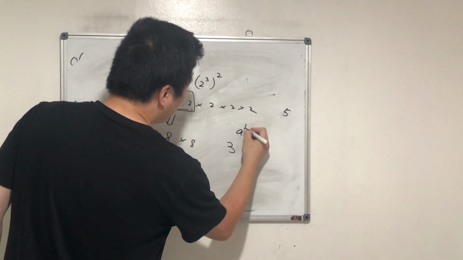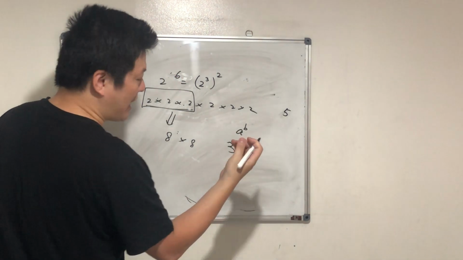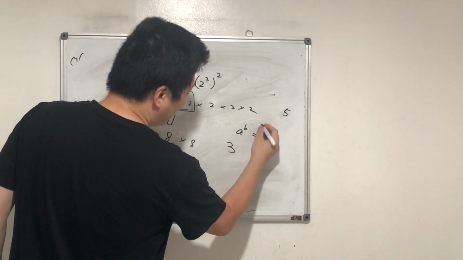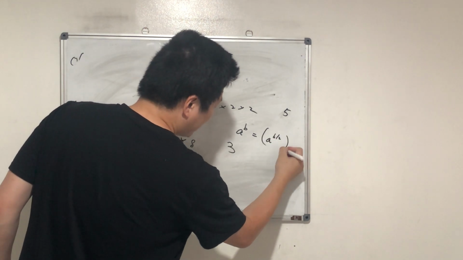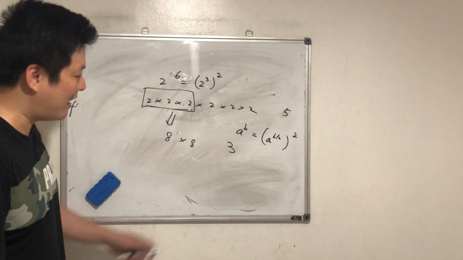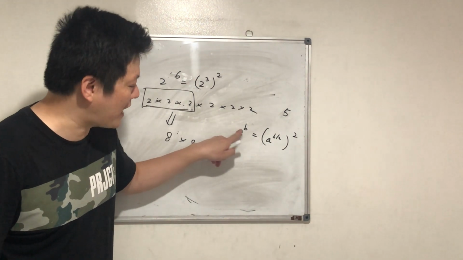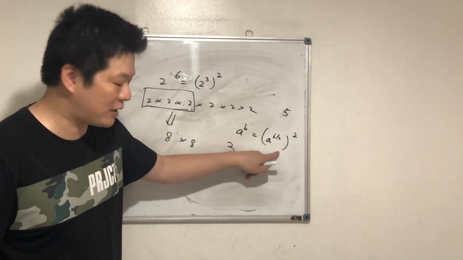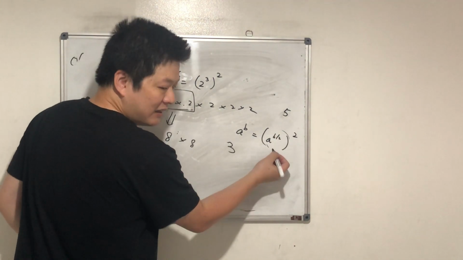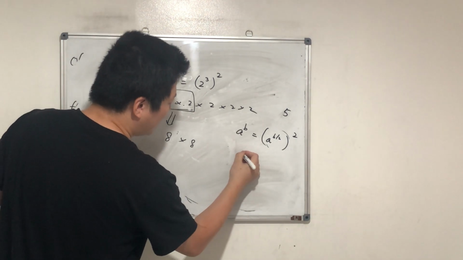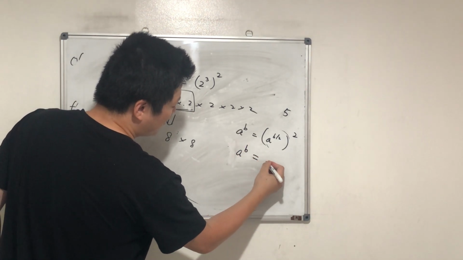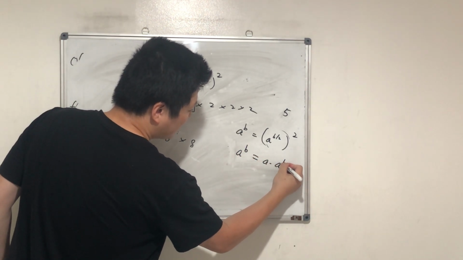If a to the power of b, if b is an even number, I can always do a to the power of b over 2, and then square it. Right? Because this uses fewer multiplications, and I can save half. If b is an odd number, then it equals a times a to the power of b minus 1.